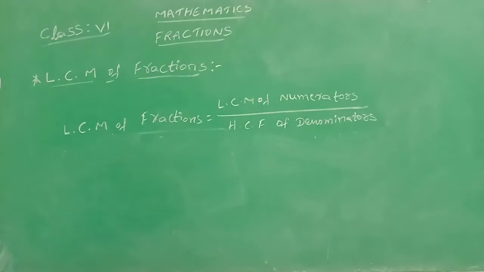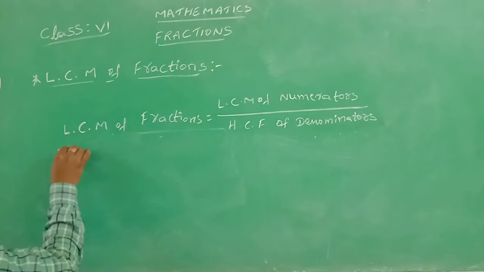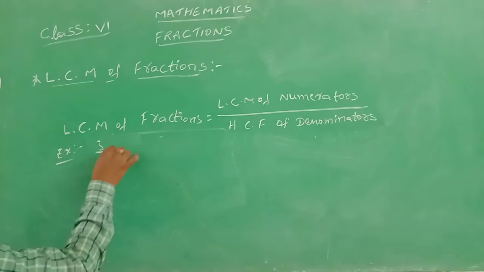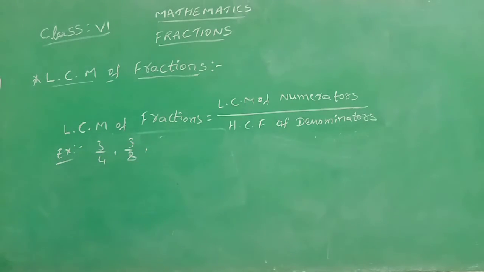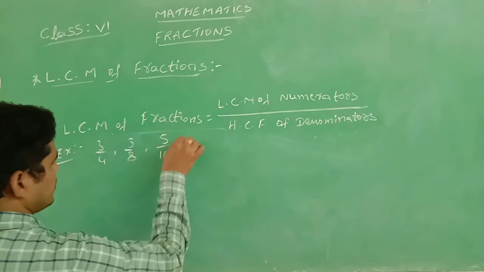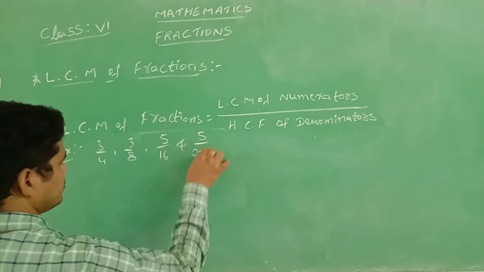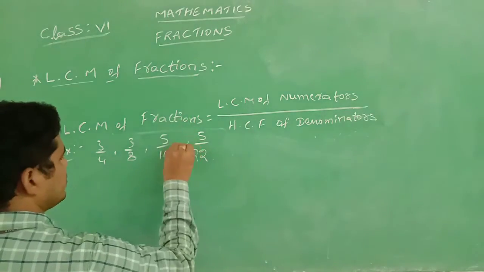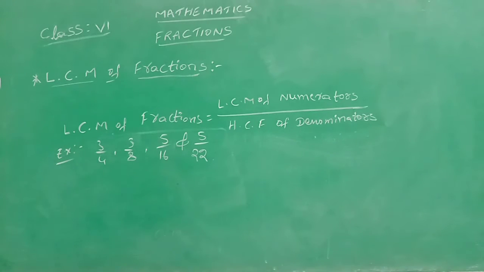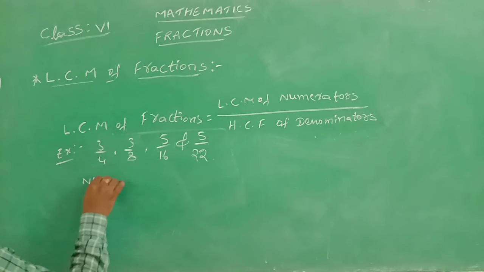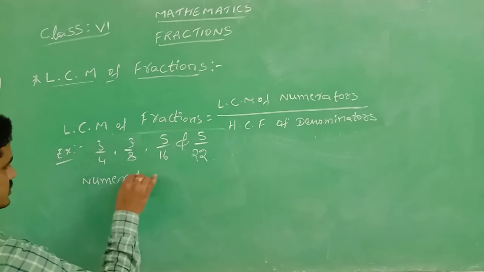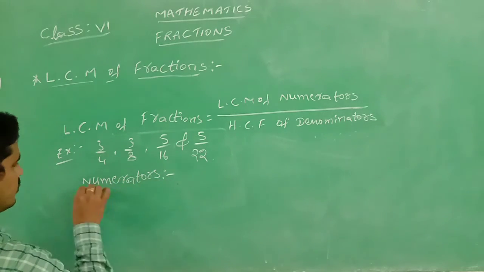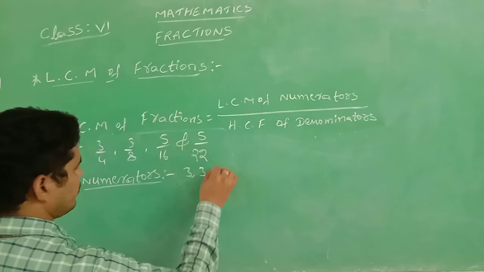Now we will go for an example with four fractions: 3 by 4, 3 by 8, 5 by 16 and 5 by 22. These are the given fractions, and we are asked to find the LCM. First the numerators: 3, 3, 5, 5.